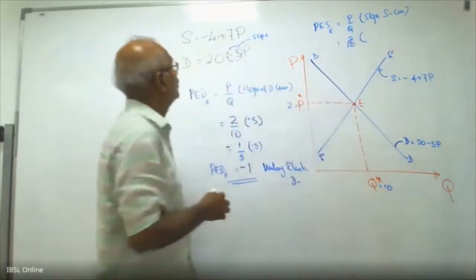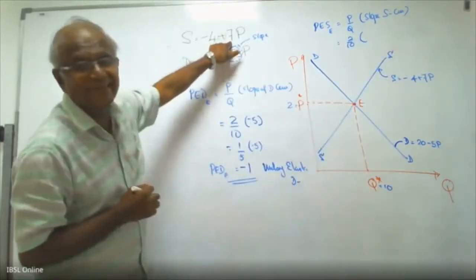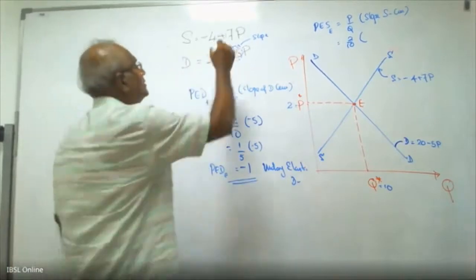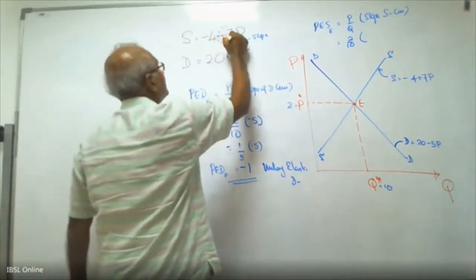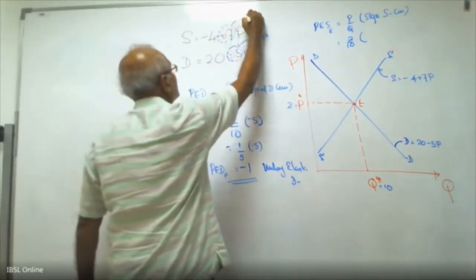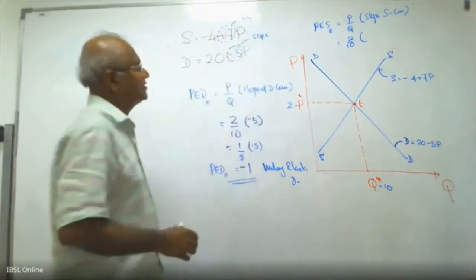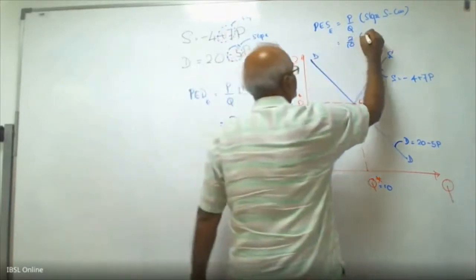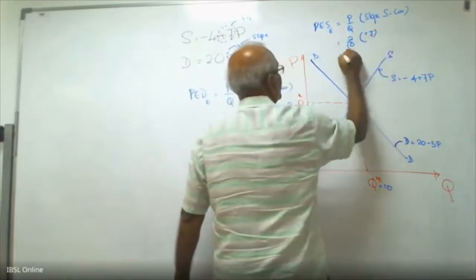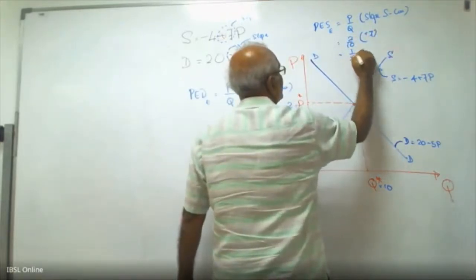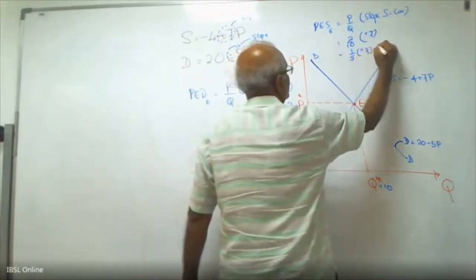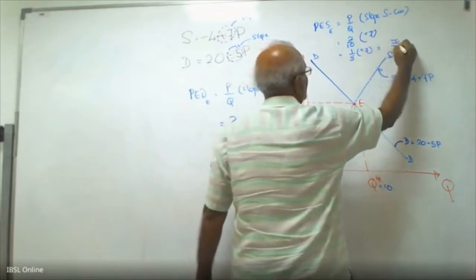The slope of the supply curve is plus 7. Then 2 divided by 10 is 1 over 5, times 7. That means 7 divided by 5.